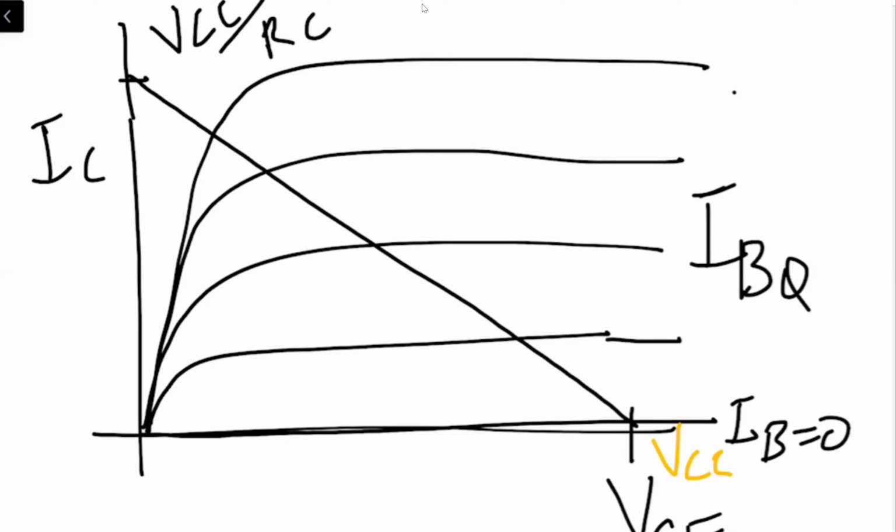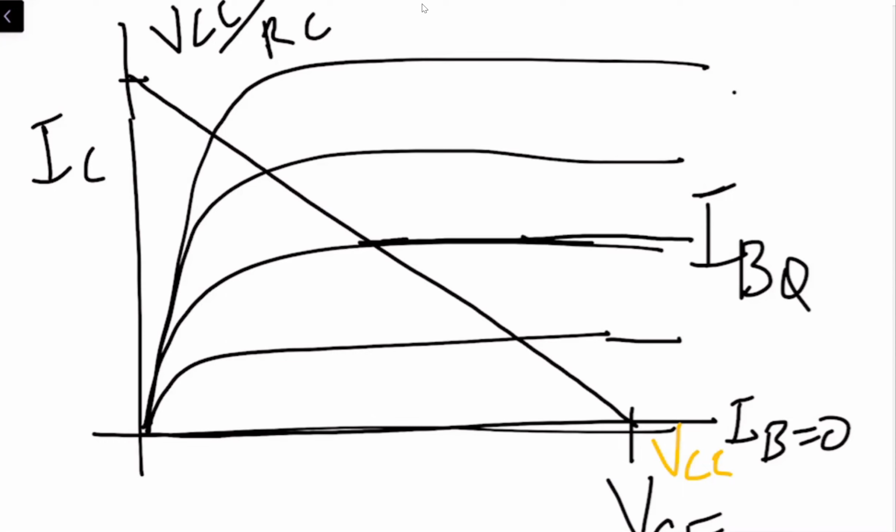Clear, sir. Now, depending upon the value of the base current from the equation which we have said, this value is now IBQ, right? So this IBQ is mentioned over here with this line.